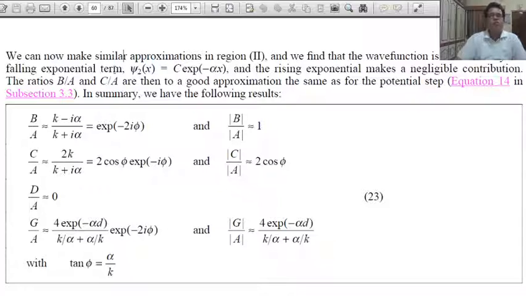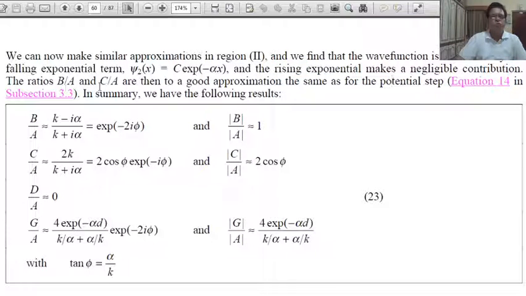Now you can see the approximations in region 3 and region 2. We will find that the wave function is dominated by the falling exponential term. Which factor dominates? C exponential minus alpha x, and the rising exponential makes a negligible contribution.